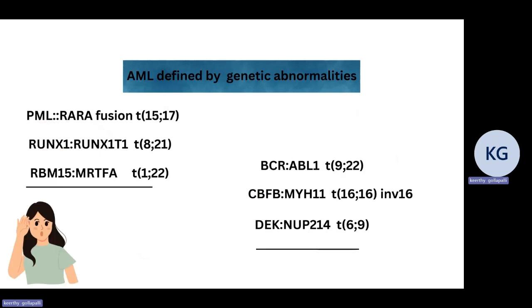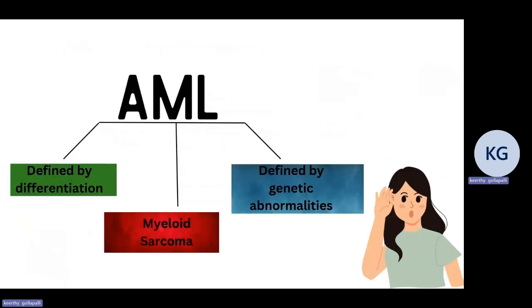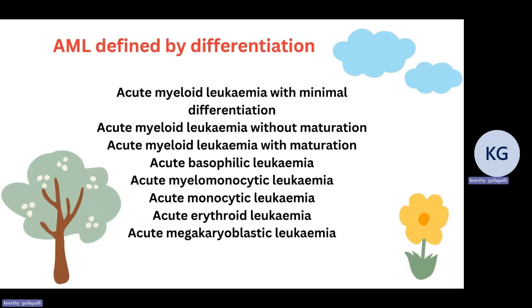Now to put it together, we'll revise one more time. How is AML defined? AML is defined by differentiation, by genetic abnormality, and by myeloid sarcoma. For differentiation, you have minimal differentiation, without maturation, with maturation, basophilic leukemia, myelomonocytic leukemia, monocytic leukemia, erythroid leukemia, megakaryoblastic leukemia, right?